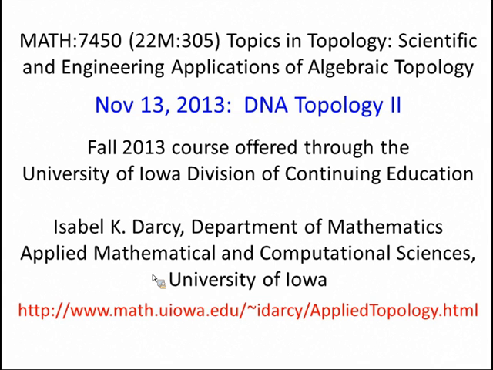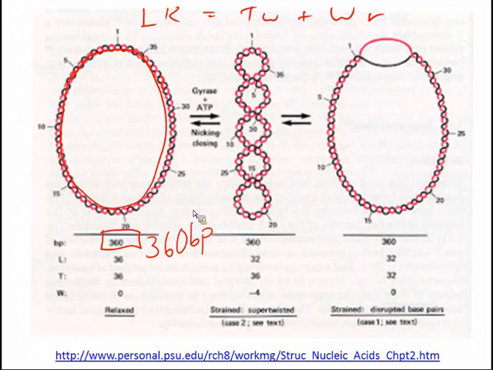In this example, this DNA has 360 base pairs. In most in vitro experiments, so test tube experiments, the DNA is usually about 4,000 to 7,000 or so base pairs, but both longer and shorter are sometimes used as well.